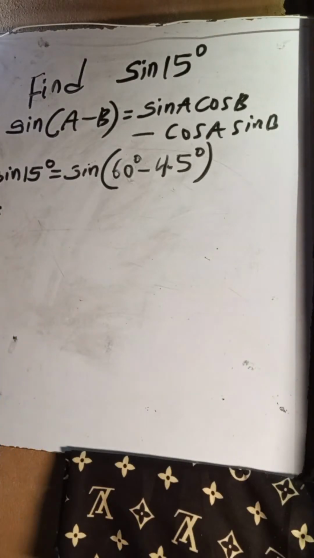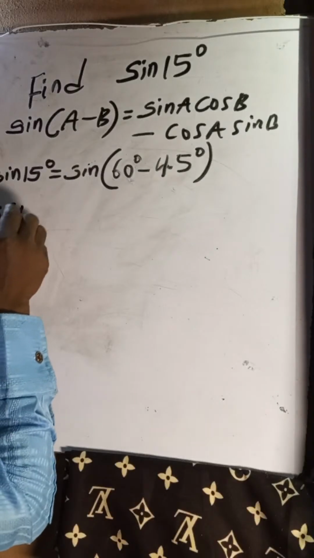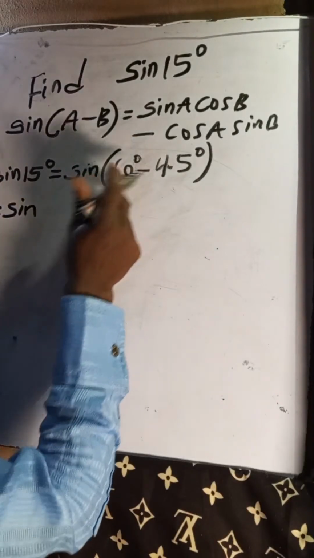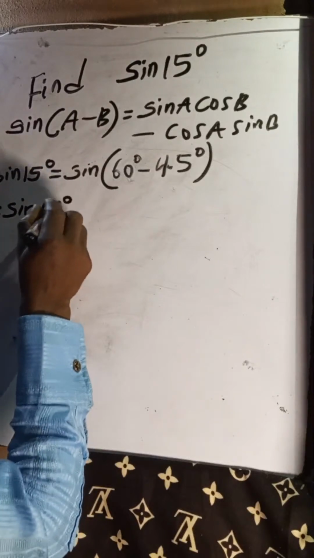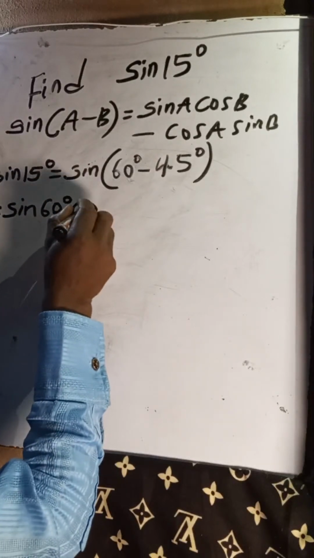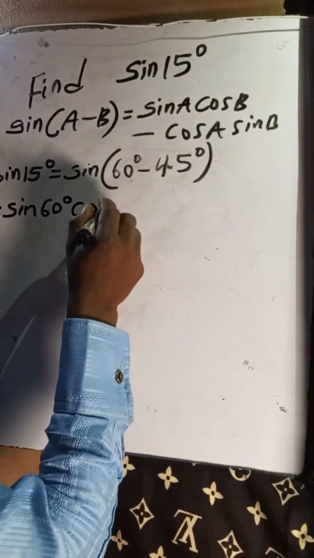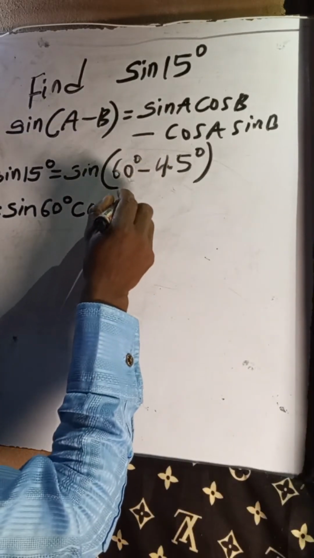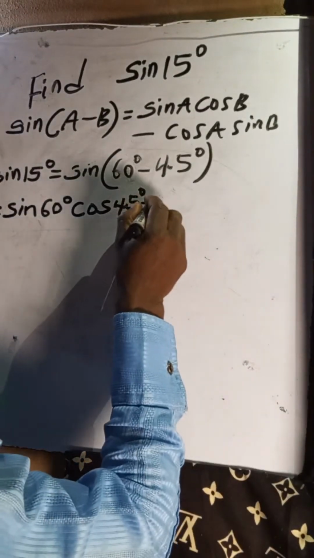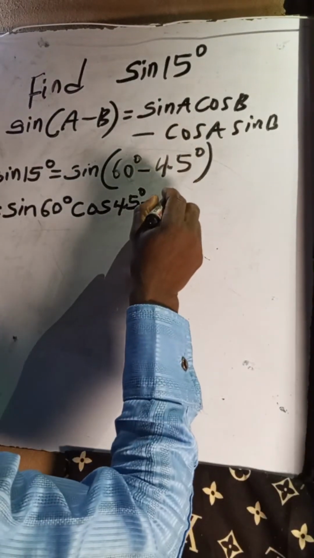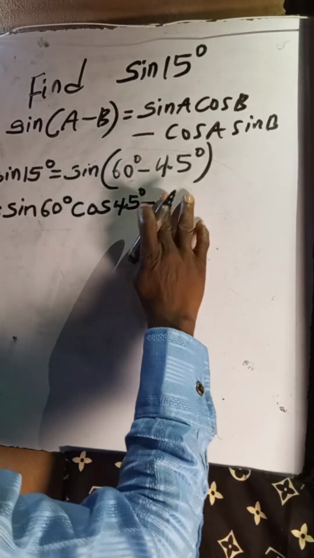Now, this gives us what? Sine 60 degrees, which is the first one. Then cos 45 degrees. Then minus what?